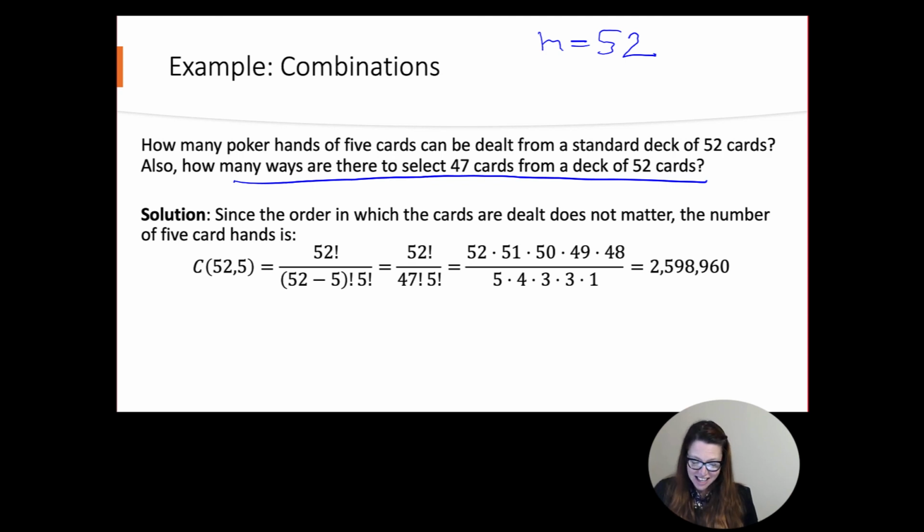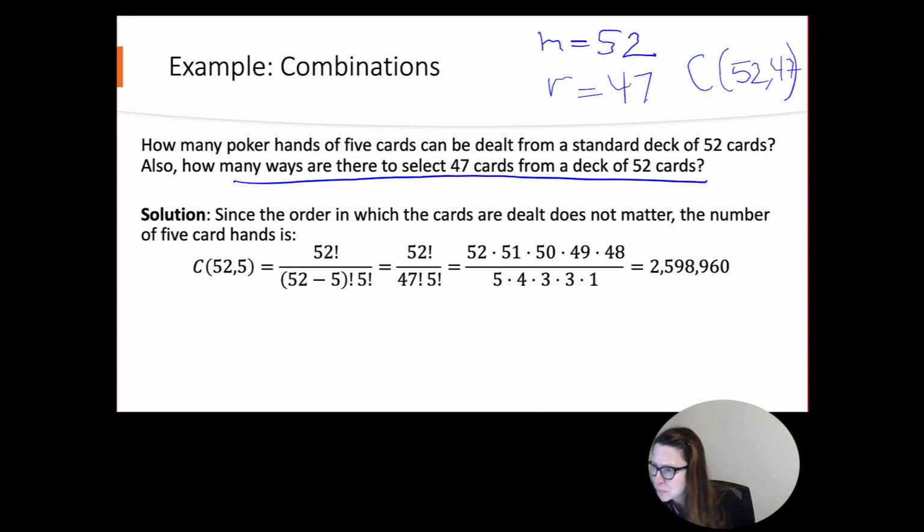So I see Schwan has suggested that we are going to look at C(52,47), and who was it? I want to give credit where credit is due.